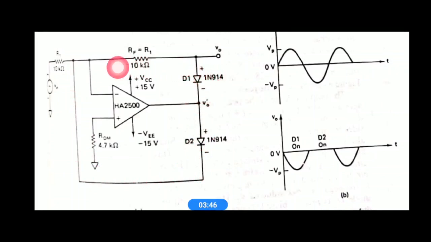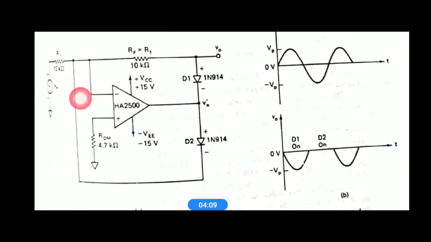Since diode D1 is forward biased, you can see here RF is equal to R1. R1 and RF are both the same. So the gain, which is minus RF by R1 for the inverting amplifier, is equal to minus 1.